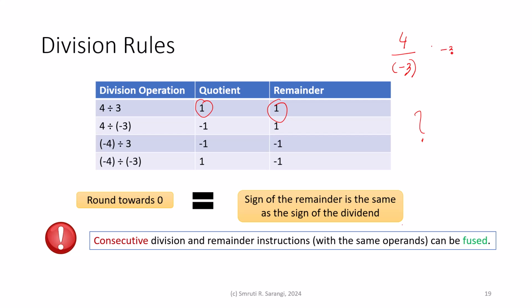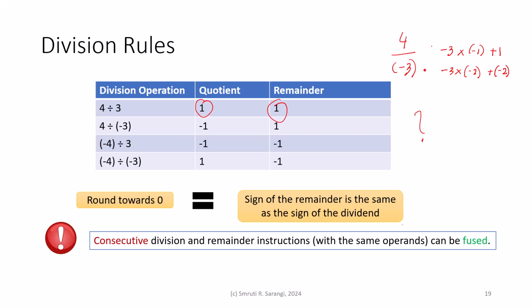This could either be minus 3 into minus 1 plus 1, or it could be minus 3 into minus 2, so that will make it plus 6 plus minus 2, correct? In this case, this is 3 plus 1, 4, and in this case, it is 6 minus 2, which is 4, because the final result has to be 4, because 4 is the dividend.